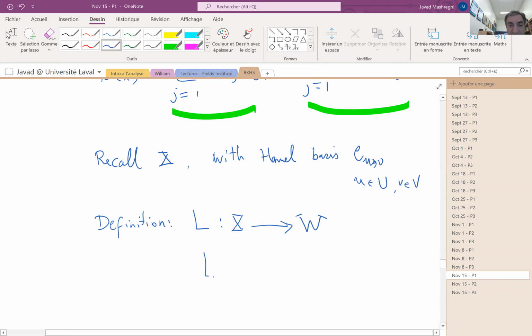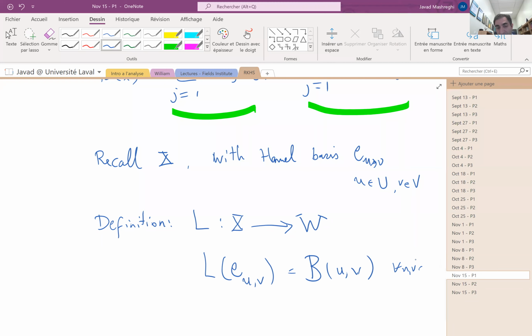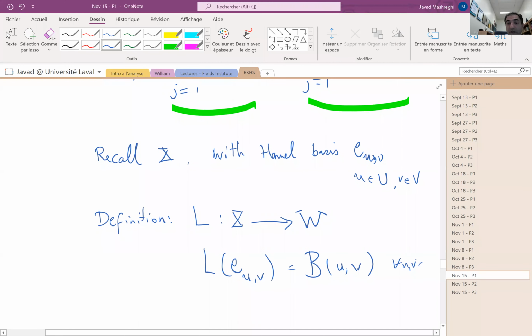So if I define L of E U V to be B at point UV, this is well defined for all U and V. So at each basis element, I defined L, and for the rest by linearity.